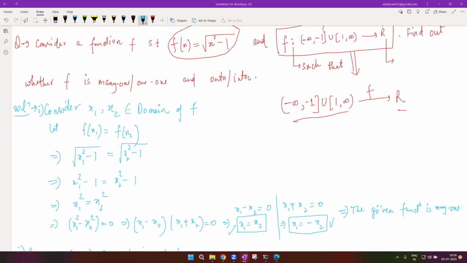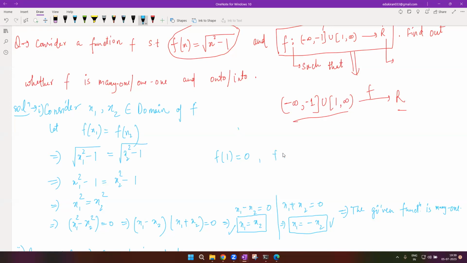We will use different values for x, and check whether there are any two inputs producing the same output. For example, in this case, what is f(1)? f(1) is 0. You put 1 in place of x and you get 0.